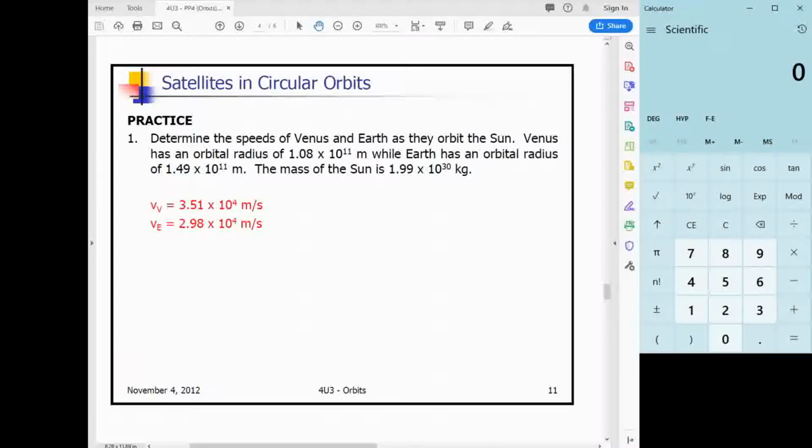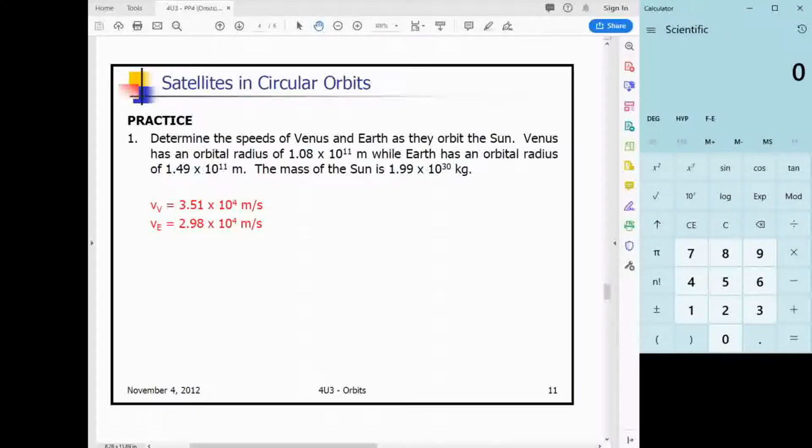These are rather simple. It says here to determine the speeds of Venus and Earth as they orbit the Sun. It gives us Venus's orbital radius, while Earth has an orbital radius of 1.49 times 10 to the 11, and we have the mass of the Sun, which is 1.99 times 10 to the 30.